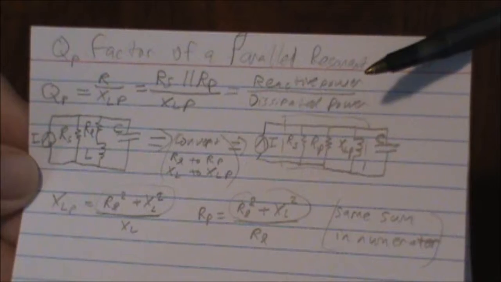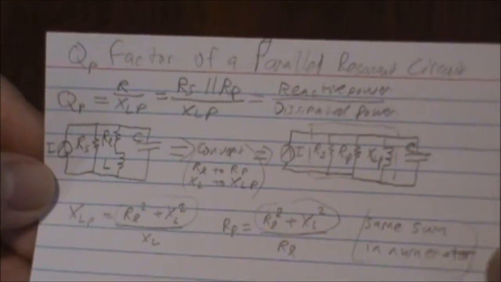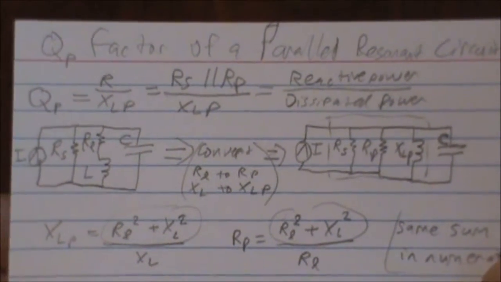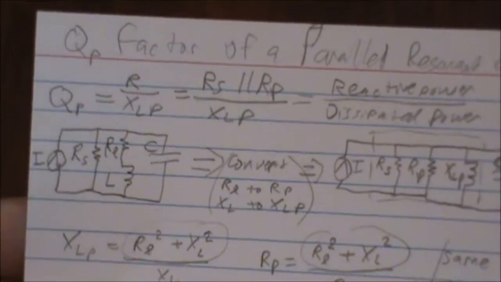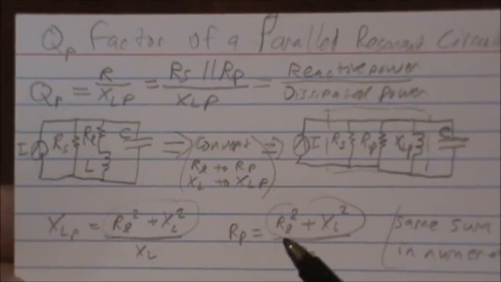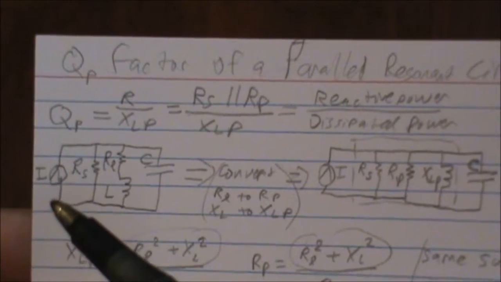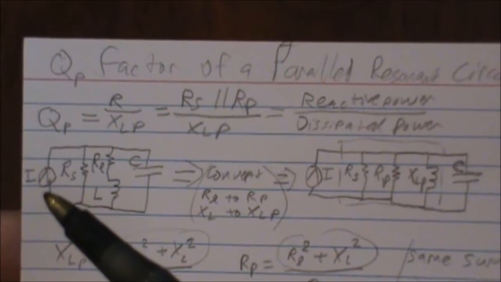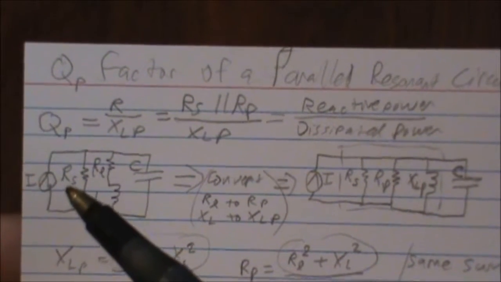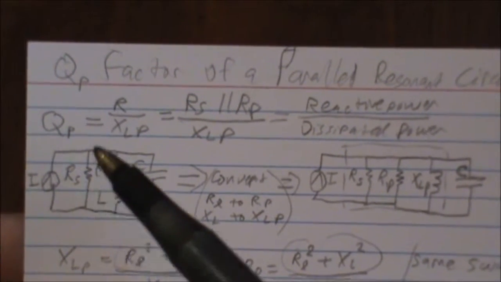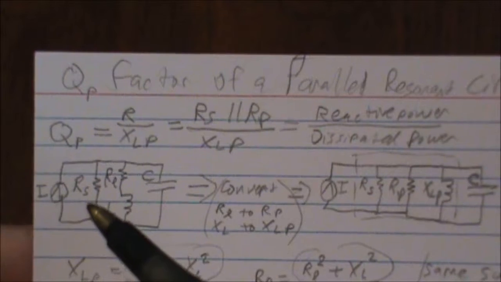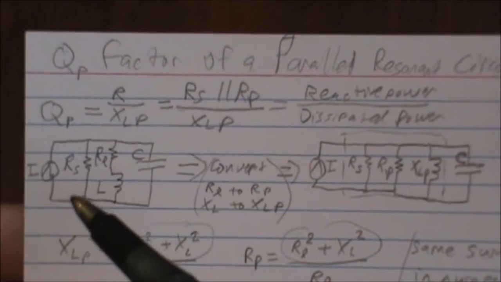It's still a ratio of reactive power over dissipated power. If your Q factor is less than 10 for your coil, then you want to convert your parallel resonance circuit here. So here's your current source, and here's your source resistor to make a nice little Norton current source. R sub S should be pretty high.